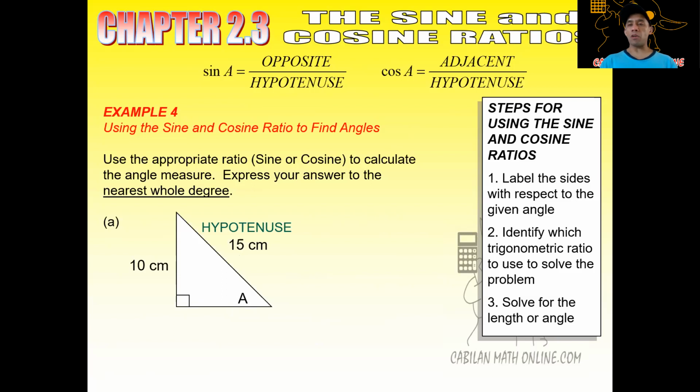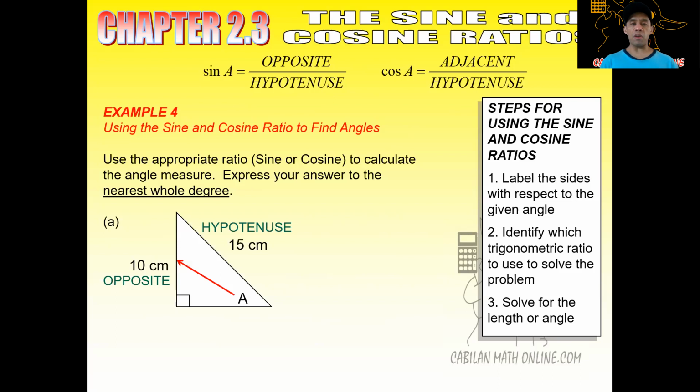Remember, when you're trying to figure out whether something is opposite or adjacent, the side directly across from the given angle is always opposite. So if you draw an arrow like the one I'm about to do and there's a number there, that side will always be opposite and you should label it as that. And again, the steps are exactly the same so far.